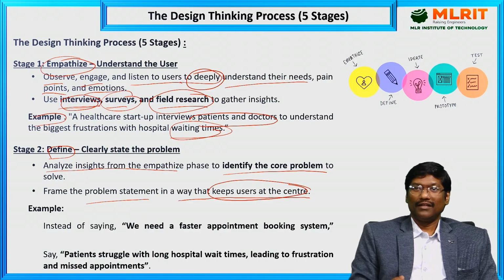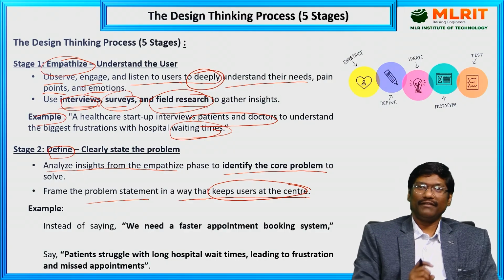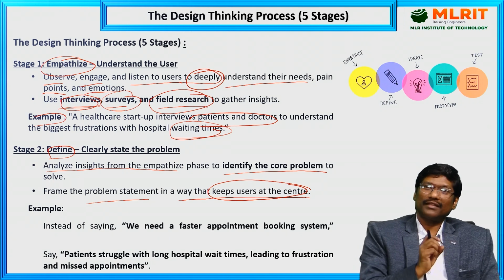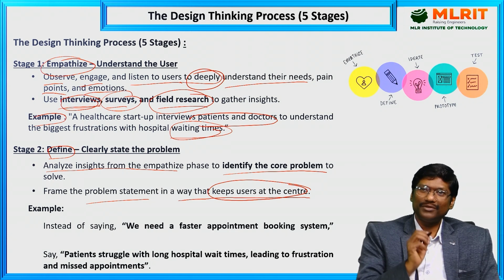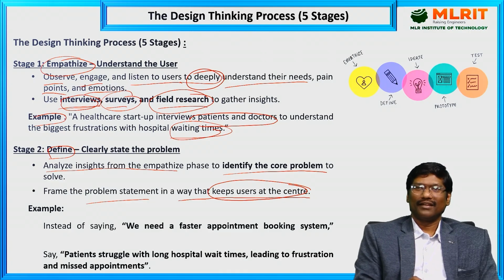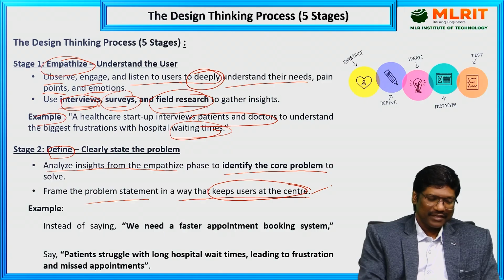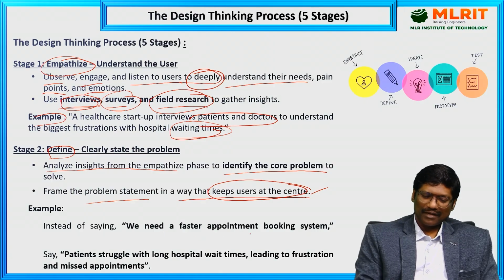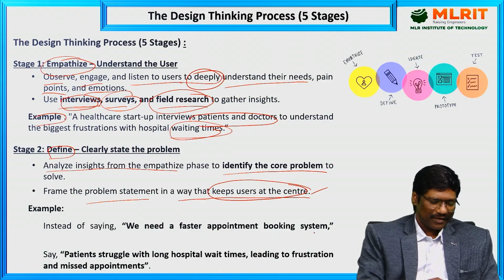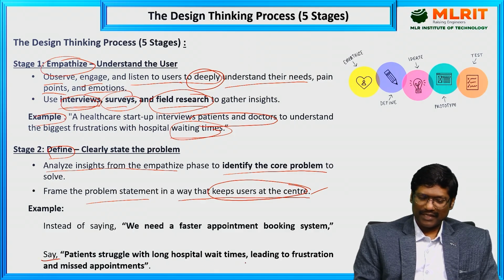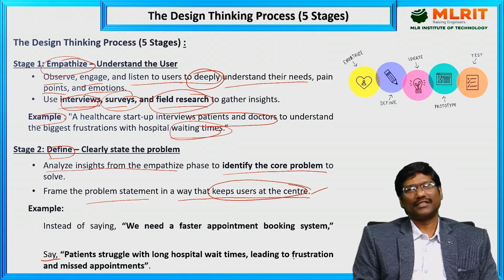So you need to keep the users at the center while coming up with a problem statement. Whatever you do, even understanding the problem, you need to think about the user as the center. This is very important. For example, instead of saying we need a faster appointment booking system, say patients struggle with long hospital waiting times, leading to frustration and missed appointments.